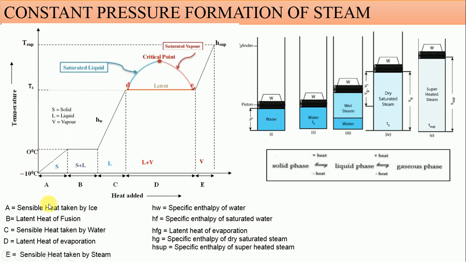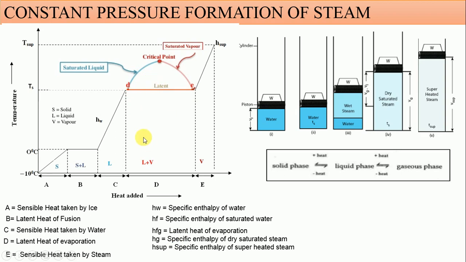Fine. So if you see here, HW is the specific enthalpy of water. HF is the specific enthalpy of saturated water. Up to this we call it HF. Then this is the latent heat of evaporation, HFG. This is the HFG.